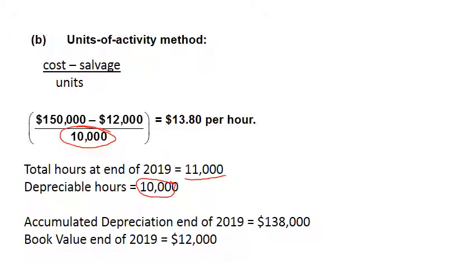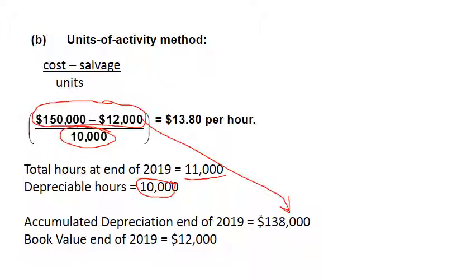So at the end of 2019, the total accumulated depreciation needs to be the depreciable cost. And the depreciable cost would be 150,000 minus 12,000, or 138,000. So your total accumulated depreciation at the end of 2019 should be 138,000.